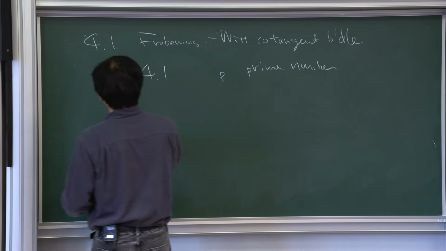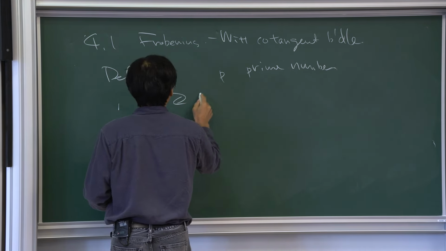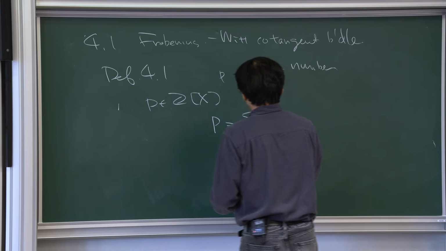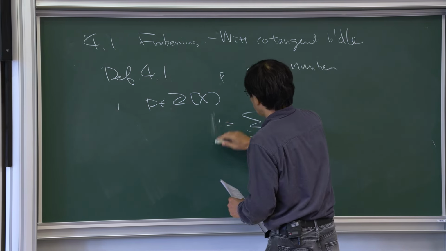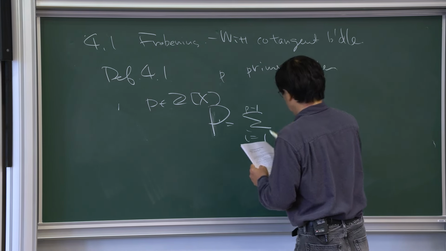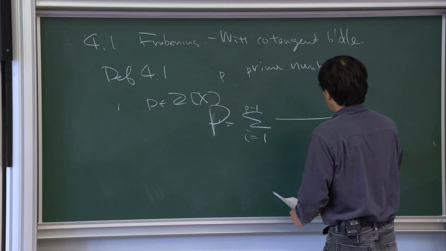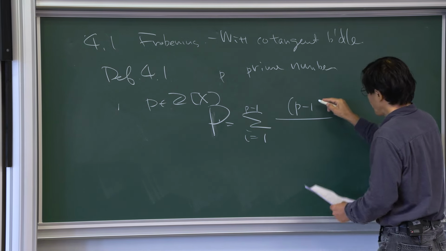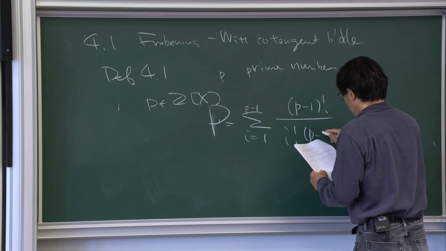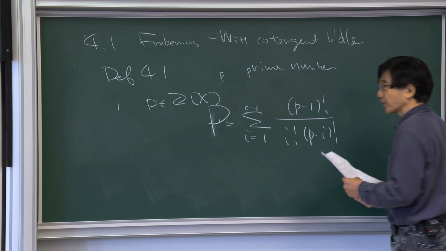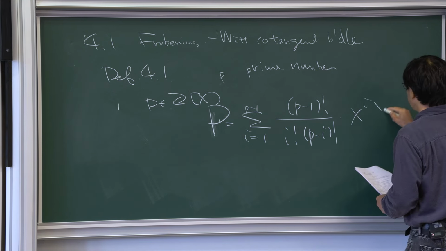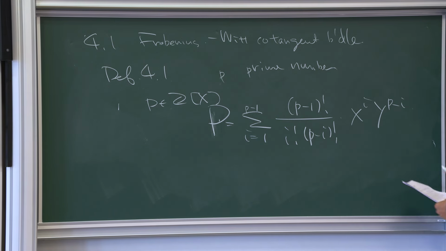So first I define a polynomial. So this is capital P, the sum for i equal to 1 to little p minus 1 of the binomial coefficient divided by p, so this is an integer, times x to the i, y to the p minus i.